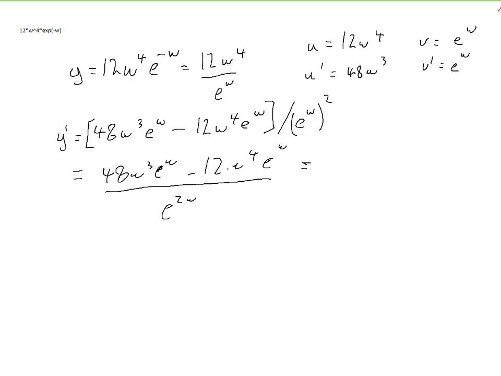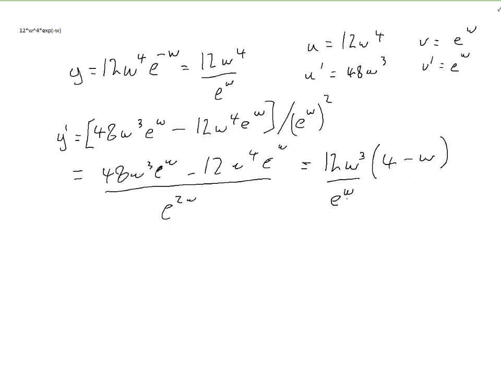You can also take out the common factor of 12 and w. So you'd have 12 coming out here, w to the power 3 coming out here, and you're left here with 4. And here you're left with negative w. And on the bottom we have e to the power w, because this brings it down to here, cancels that out. 12w cubed gives you the 48w cubed, and 12 gives you the minus 12w to the power 4 there.